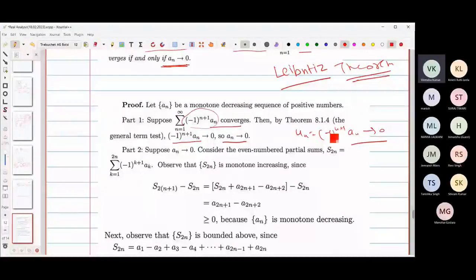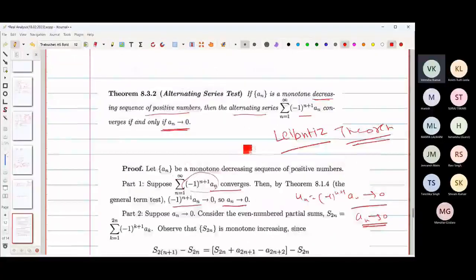And this is because minus 1 to the power n plus 1 gives us minus 1 or plus 1, some finite and fixed quantity. So to converge this to 0, an has to converge to 0, no? So an should converge to 0. So this was the required. We assumed that this is convergent, no? Then this should hold, fine.